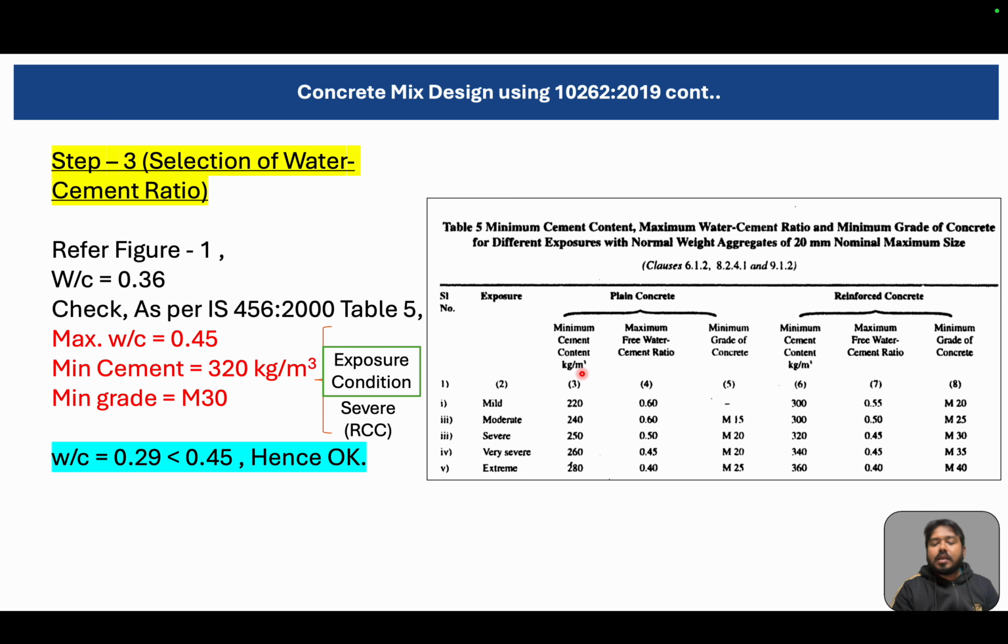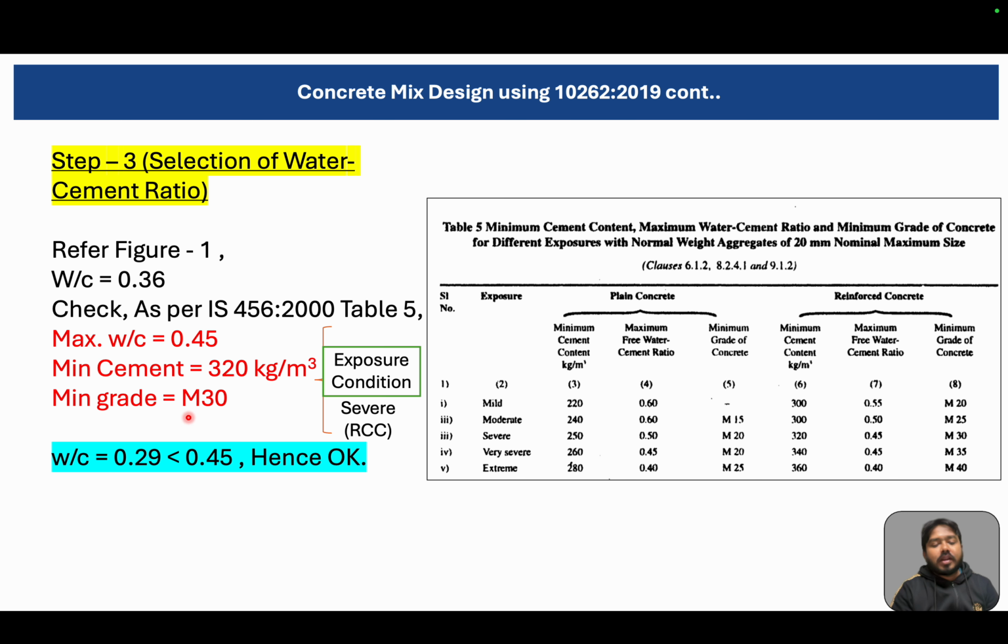In this case, the exposure condition given in the question is severe and it is applicable for RCC. For severe condition and reinforced cement concrete, the minimum cement content is 320 kg per meter cube, the free water to cement ratio is 0.45, and the minimum grade is M30. All these values are given in red.